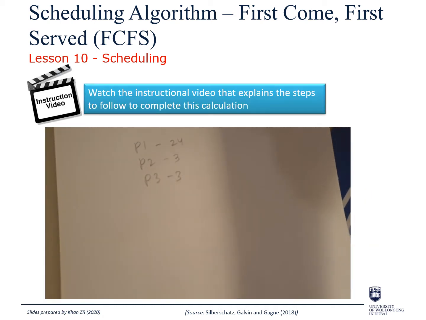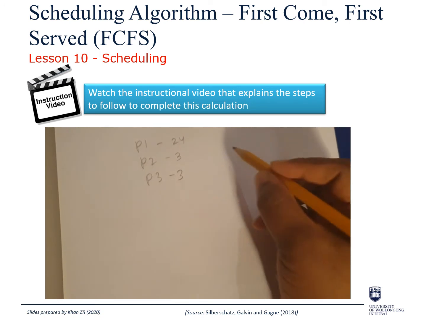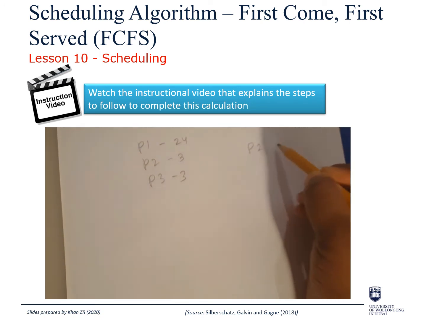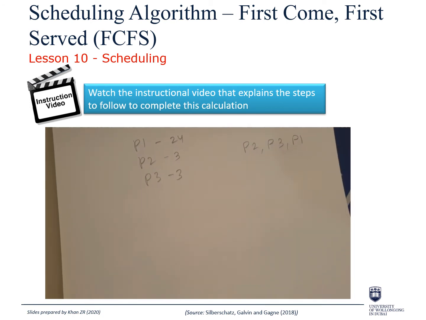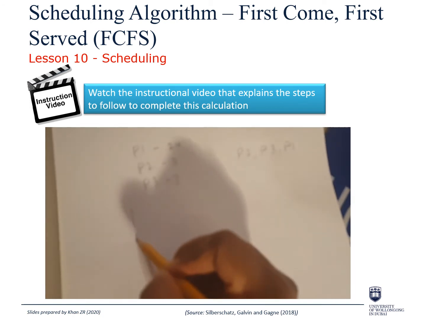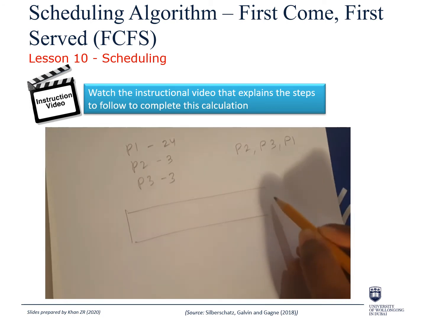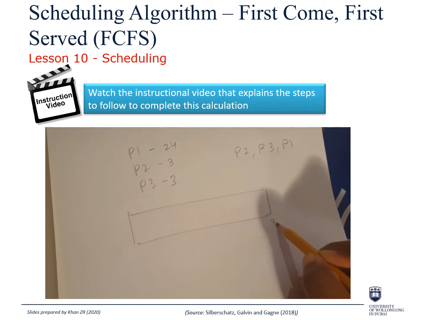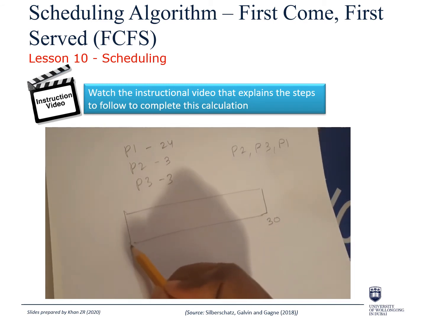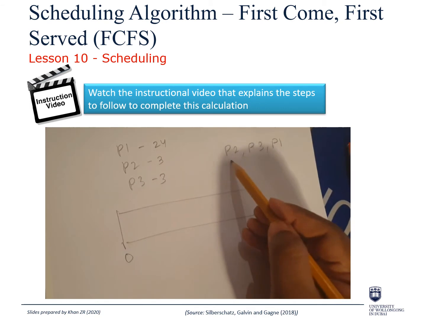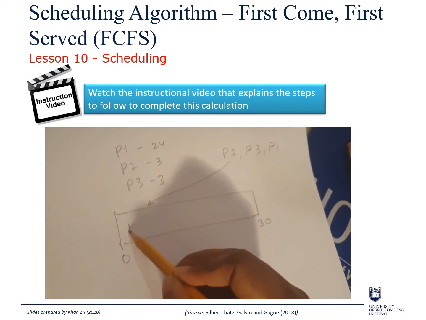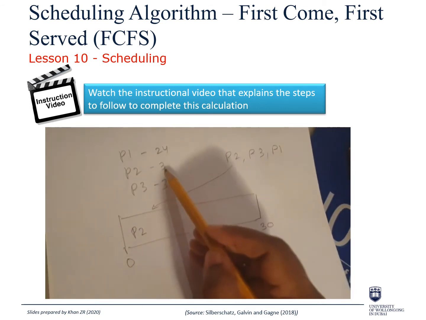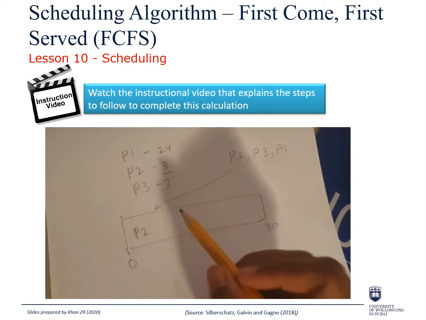For the same example, if this time the order was P2, then P3 and P1, given we are looking at first come first serve, the Gantt chart would look something like this. We know at the end it's still going to be 30. The starting point is of course 0, but this time the first one to go is P2, which we know is only 3 burst times.